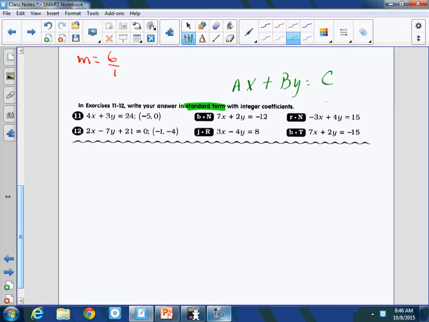Before I change it to standard form, I first have to have it here. Okay? So that then I can put the x's and the y's together. Are you with me? This is why this is the hardest one. Because I first got to find the m, then I got to find the b, then I got to plug it in, then I got to move it to that.